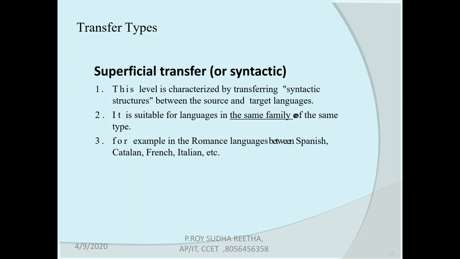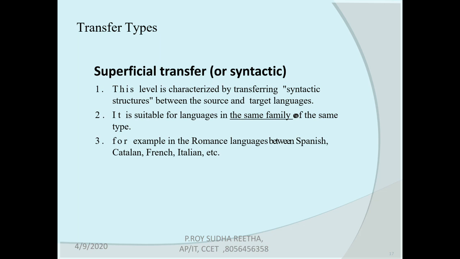And we are going to see the transfer types. What are the various types of transfer taking place? The first one is superficial transfer or syntactic transfer. As the name shows, syntactic means structure conversion. Here the structure is transferred between the source and the target language.